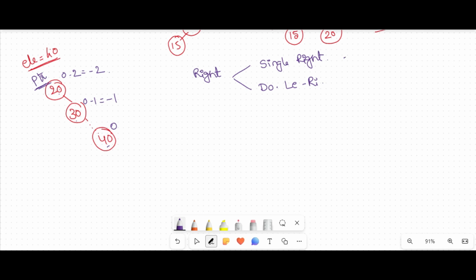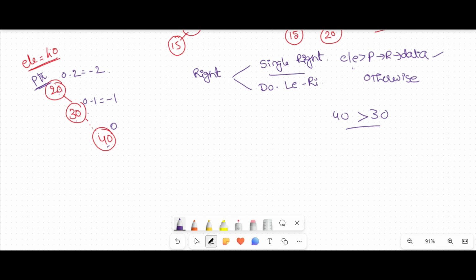So when will we apply this? When the element is greater than PTR's right of data. Otherwise the other one. I already explained that above. Now you can check it. This is PTR. What is the element? Element is 40. 40 greater than PTR's right of data means 30. 40 is greater than 30, so this condition is satisfied.